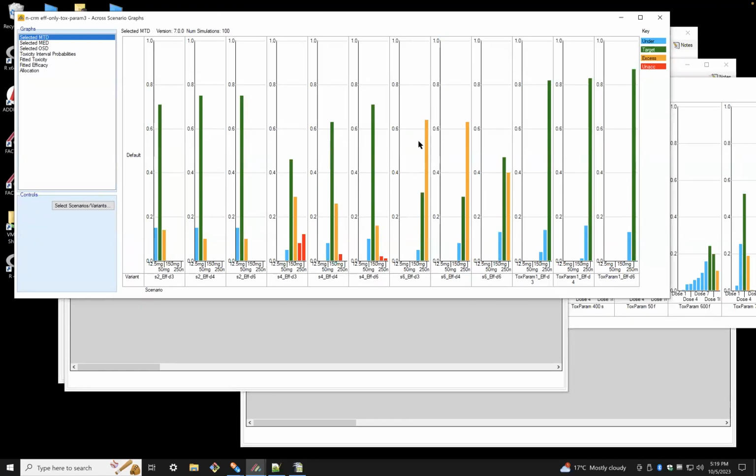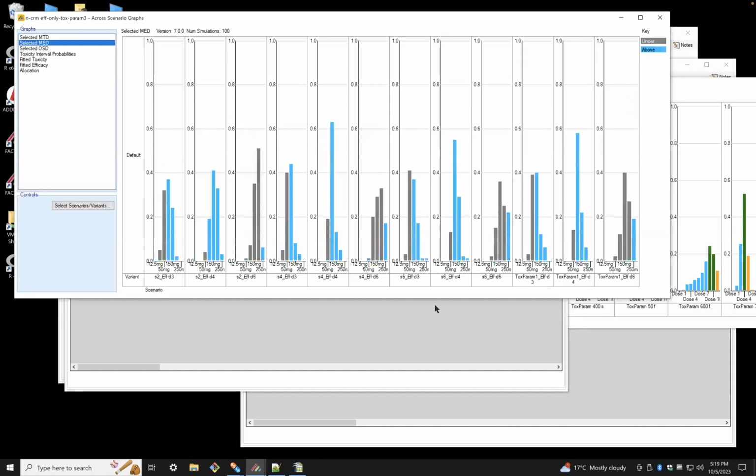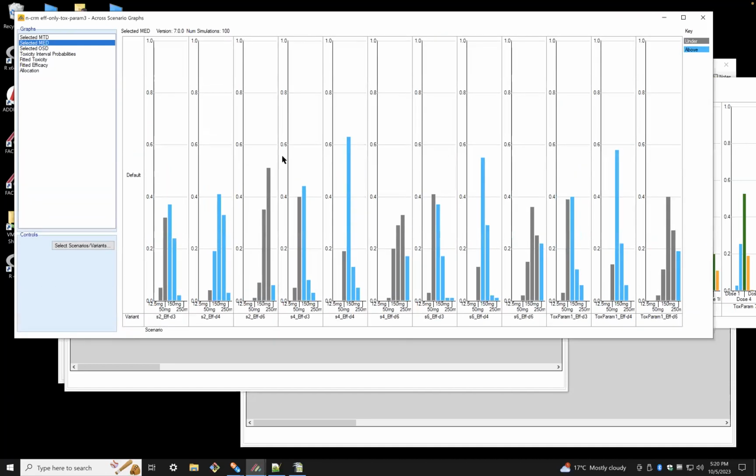But in fact, what's happening here is this is when the MTD is somewhere above the MED, and we're simply not escalating and allocating doses high enough to properly estimate the MTD. And if we look at the MED, it's either being shown as being at, under, or above the true target. I've got no doses which are bang on the target.